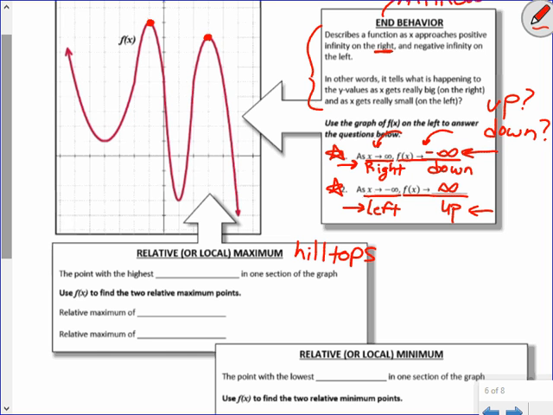We're also going to talk about something called absolute maximum, which is when you have a highest point for the entire graph. When we're talking about relative or local, we're talking about just high points in general. Okay? We'll talk about absolute stuff a little bit later on. So it's the point with the highest y value in one section of the graph. So again, you're looking at pieces of the graph to find all the different high points that you might see.